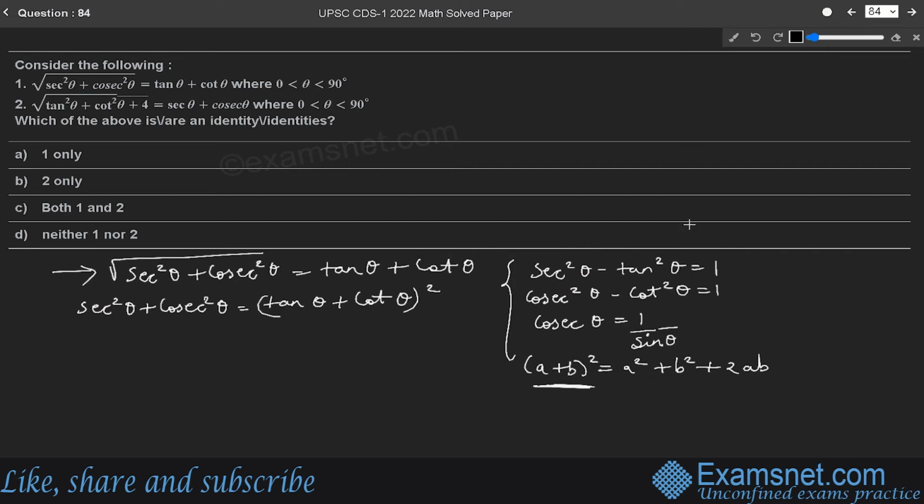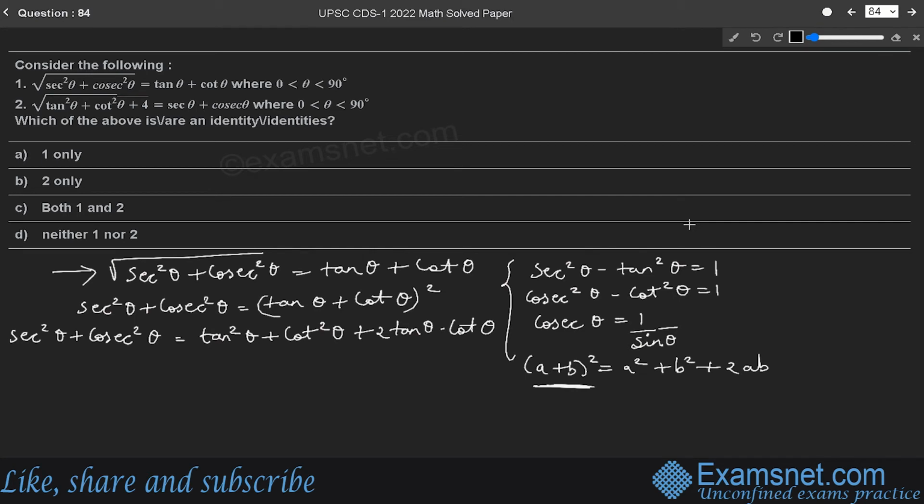So applying this formula here, we will get sec square theta plus cosec square theta is equal to tan square theta plus cot square theta plus 2 tan theta into cot theta. We have applied the formula here.